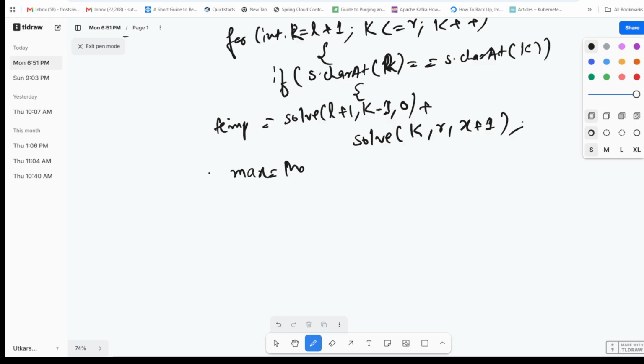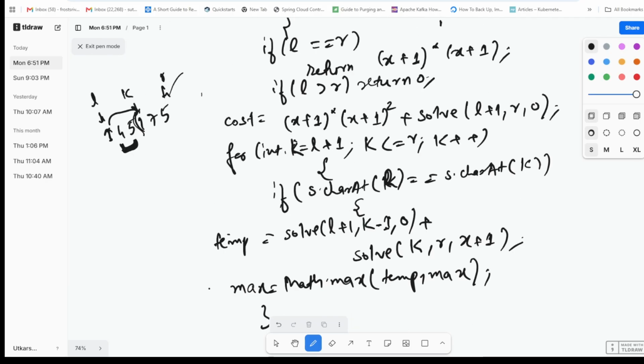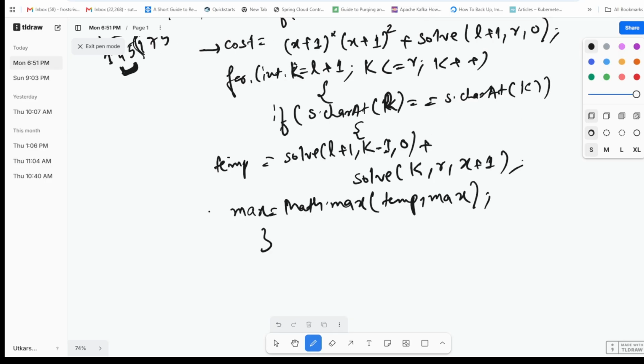So we will find all the possibilities, and take the max of all such possibilities, temp max, right? And when we come out of the for loop, one cost is calculated by this approach, and one we have calculated from here, right? So we will find the max of both.